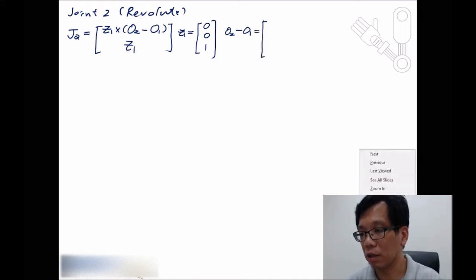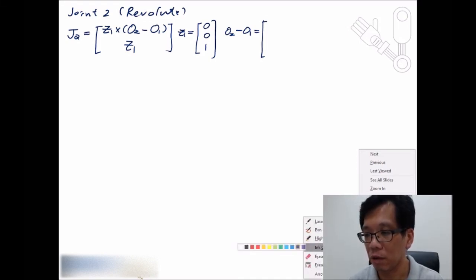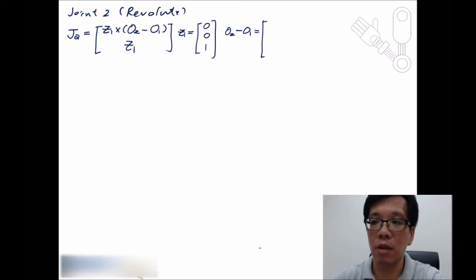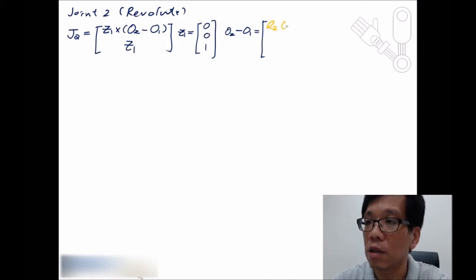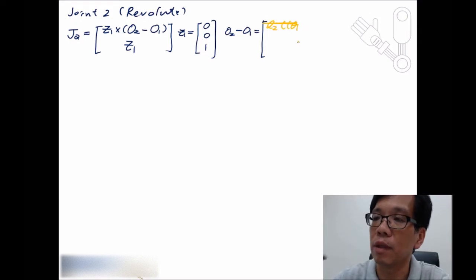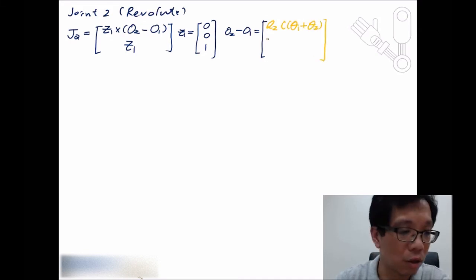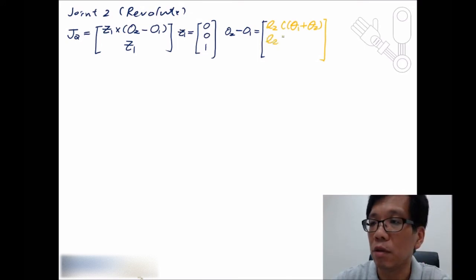So what I'm going to have becomes, let me use another color so we have a better idea what we're talking about. This one over here is going to be L2 cosine theta 1 plus theta 2, and this one is going to be L2 sine theta 1 plus theta 2, 0.